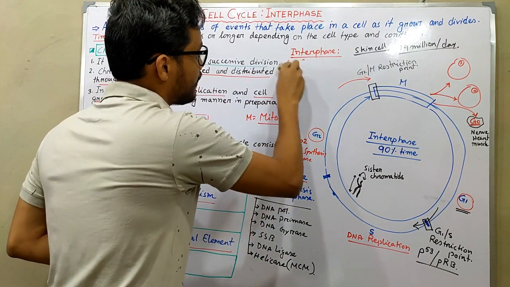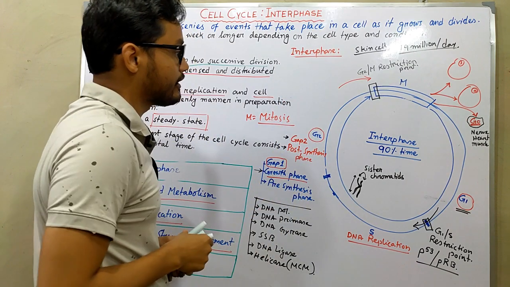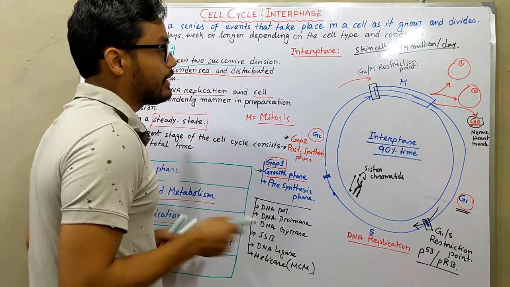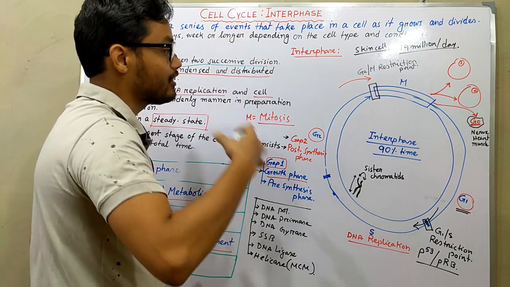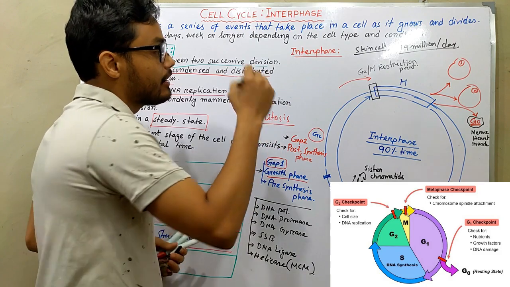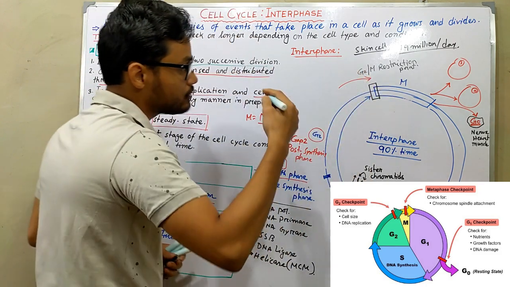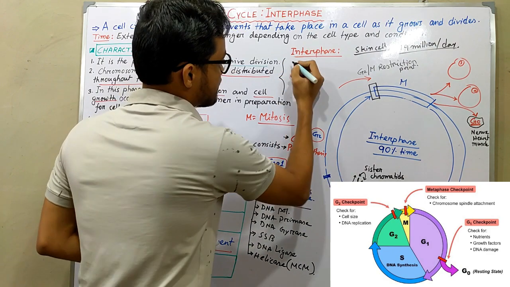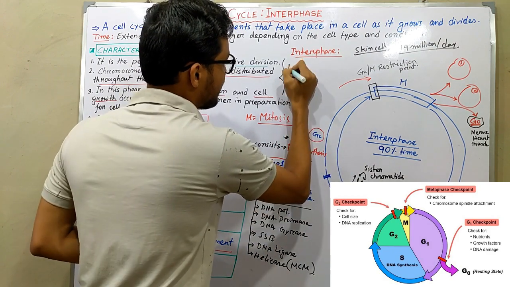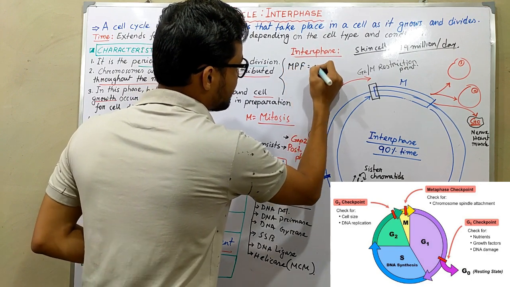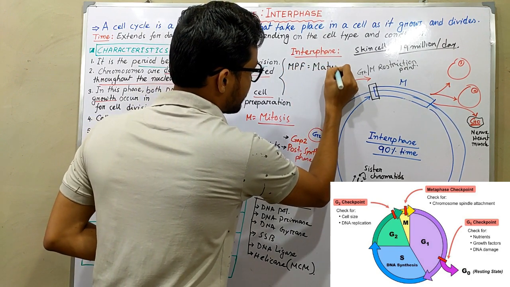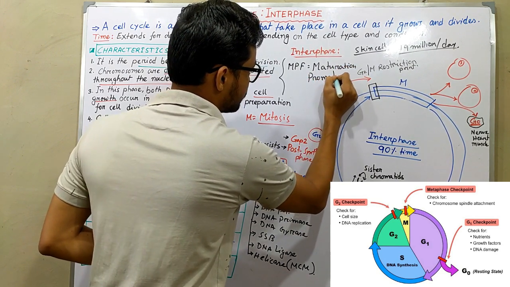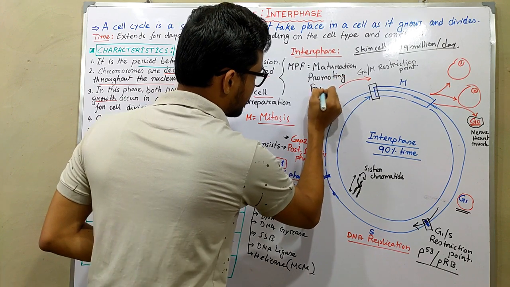This restriction point checks for some protein complexes, and if the complex is not present in the cell, the restriction point does not allow the cell to enter the M phase. This protein is known as MPF, maturation promoting factor.